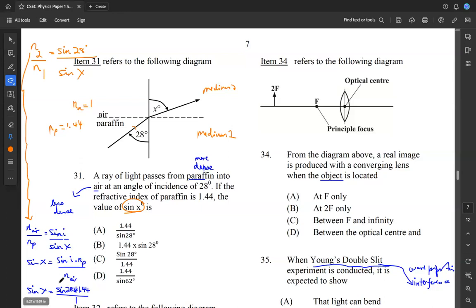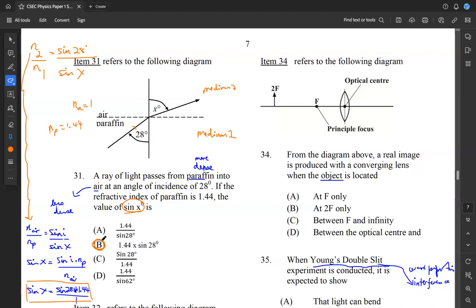When I look among my answers to see if anything matches, I see that this one, B, looks like what I calculated. So B is our answer for 31.